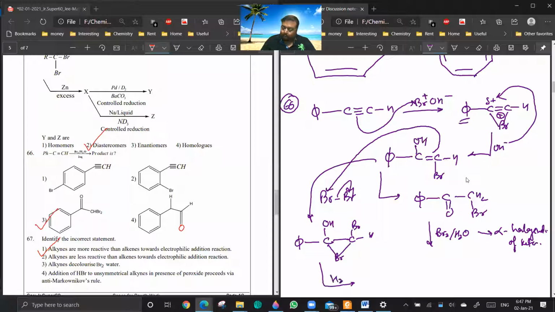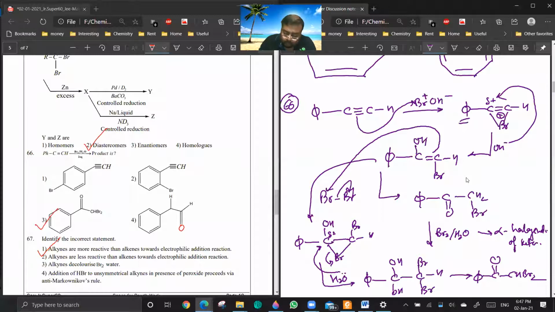Now H2O will be again attacking this because delta plus is more stable here. So you'll be getting Ph-C(OH)(OH)-CHBr2. This will be giving Ph-C(=O)-CHBr2. Are you getting a point? They have mentioned two equivalents. Is it clear? Yes or no? Yes, sir. Okay.